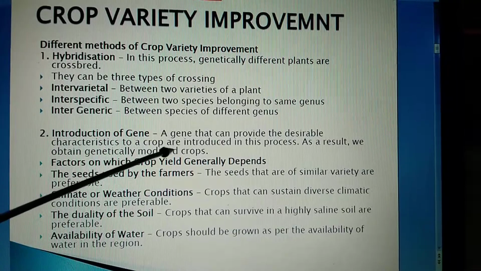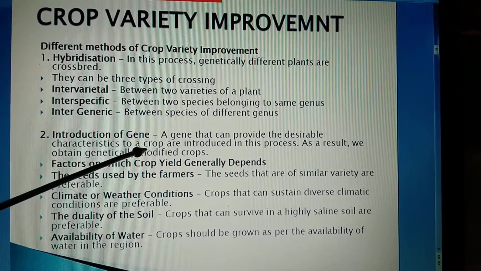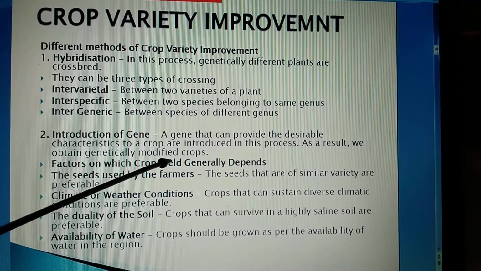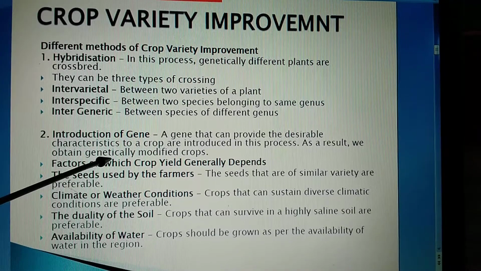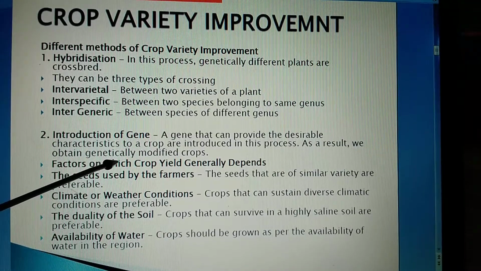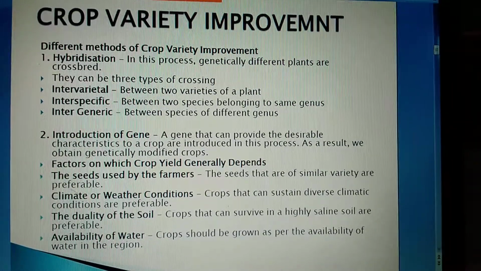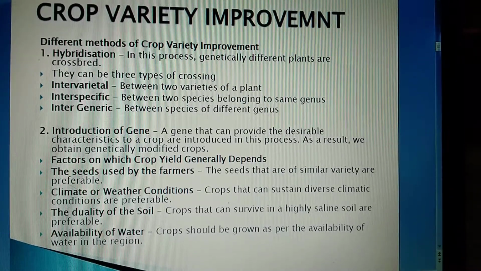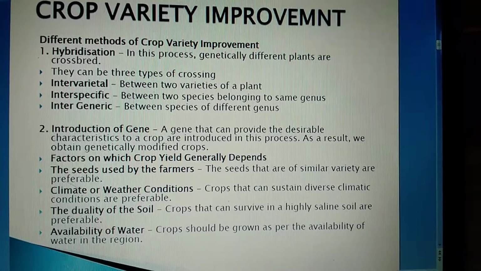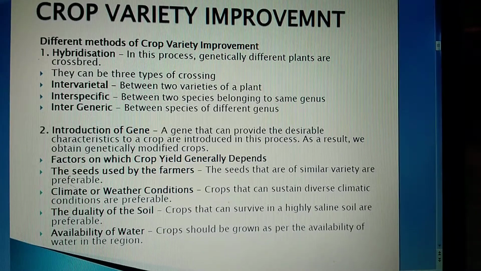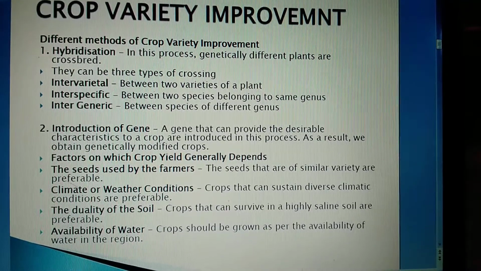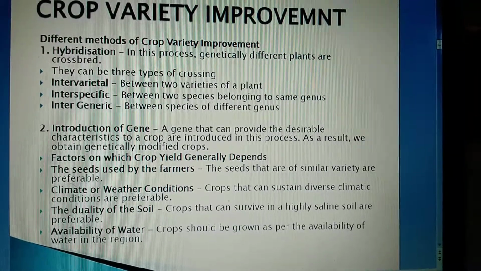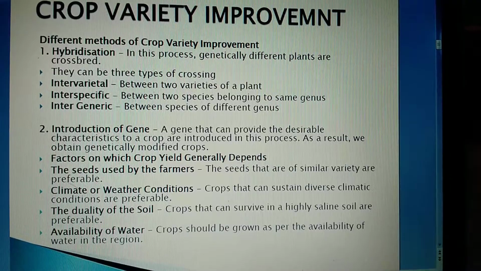The introduction of an important gene into the crop results in the formation of genetically modified crops, or GM crops. The crops produced by the introduction of a gene are known as genetically modified crops, wherein we get our desired characteristic in that crop.